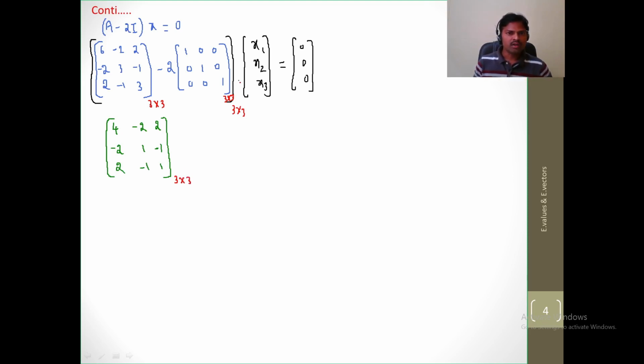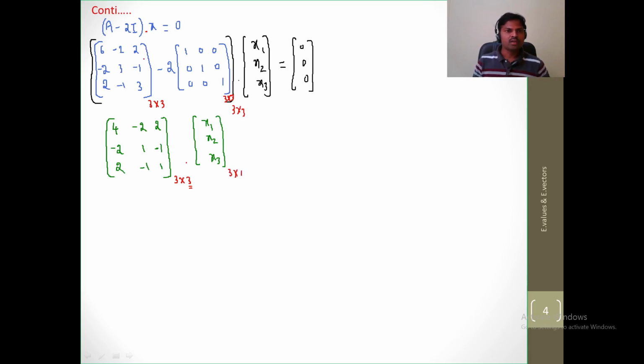Now look, into x is there. Matrix multiplication is possible only when the number of columns of the first matrix equals the number of rows of the next matrix. So here the number of rows must be 3. That's why I am taking a 3 by 1 matrix, x1, x2, x3.